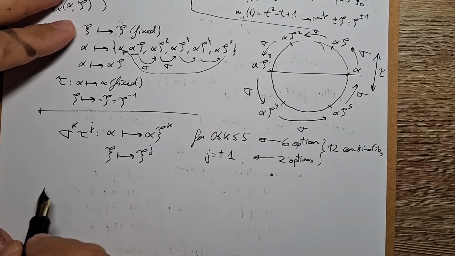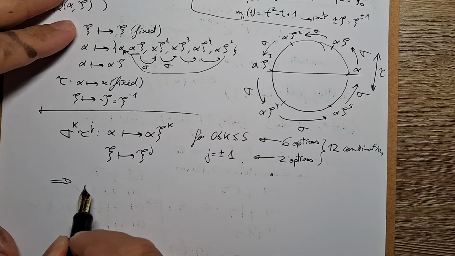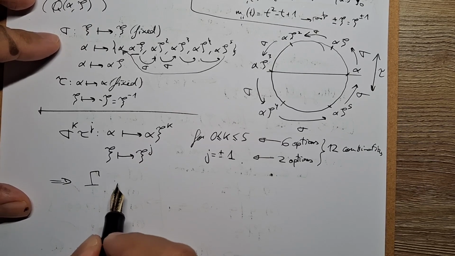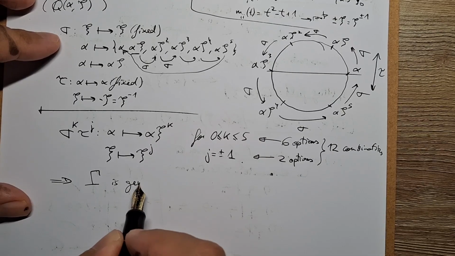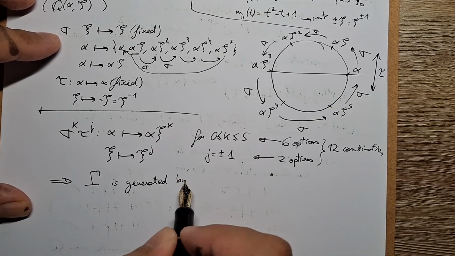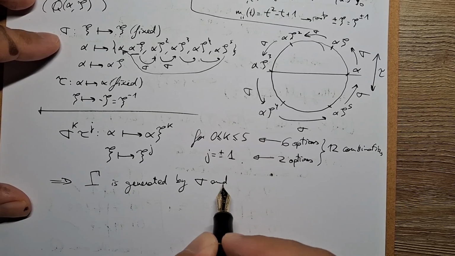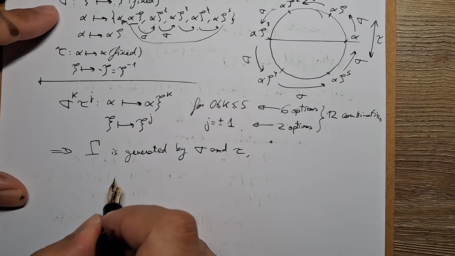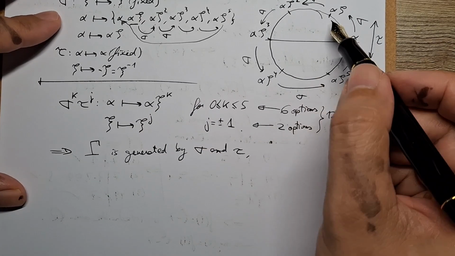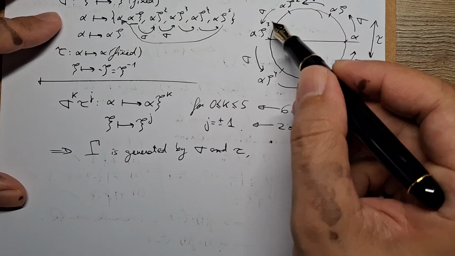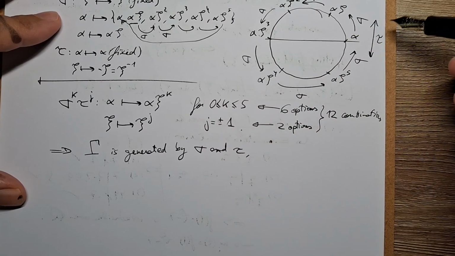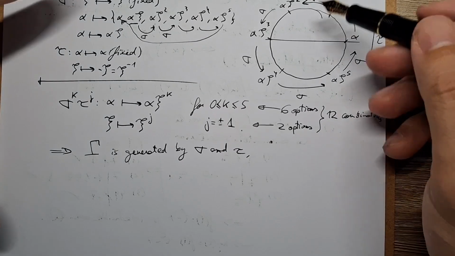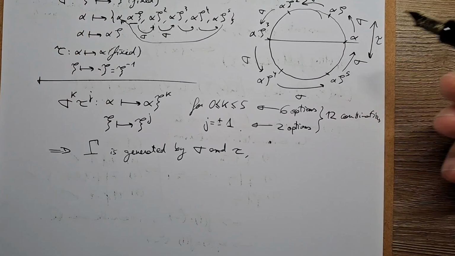So what we can conclude is that the Galois group of this polynomial is generated by sigma and tau. And also we can conclude another thing: if we have all these rotations and also this flip, this reflection mapping, this usually has the smell of the group of symmetries, the dihedral group.